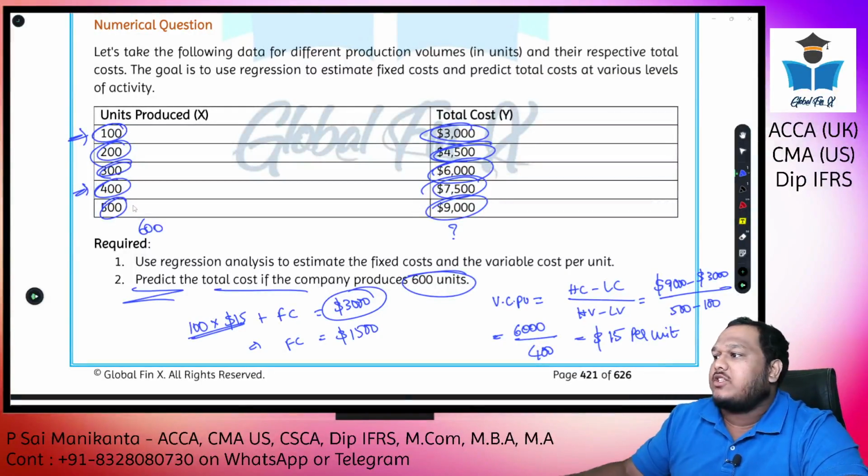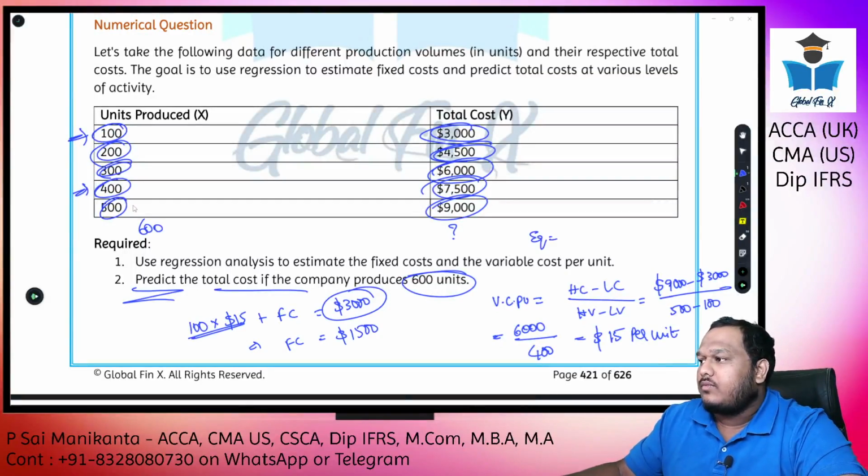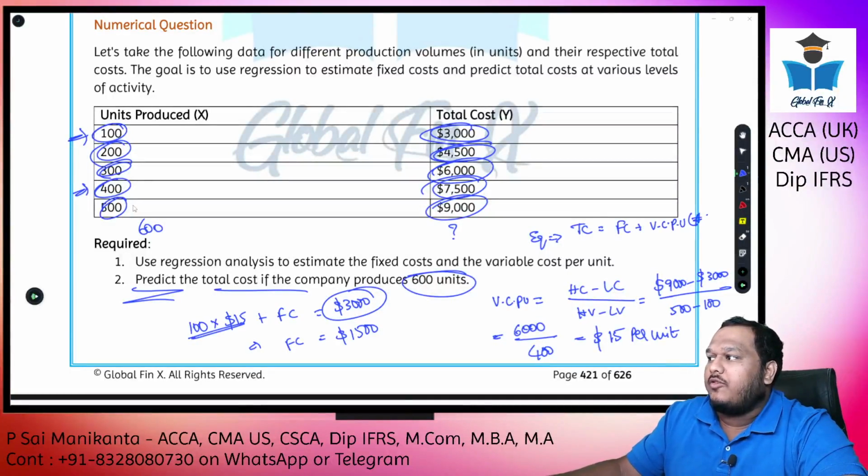So my equation will be: total cost is equal to fixed cost plus VCPU, variable cost per unit, into number of units.